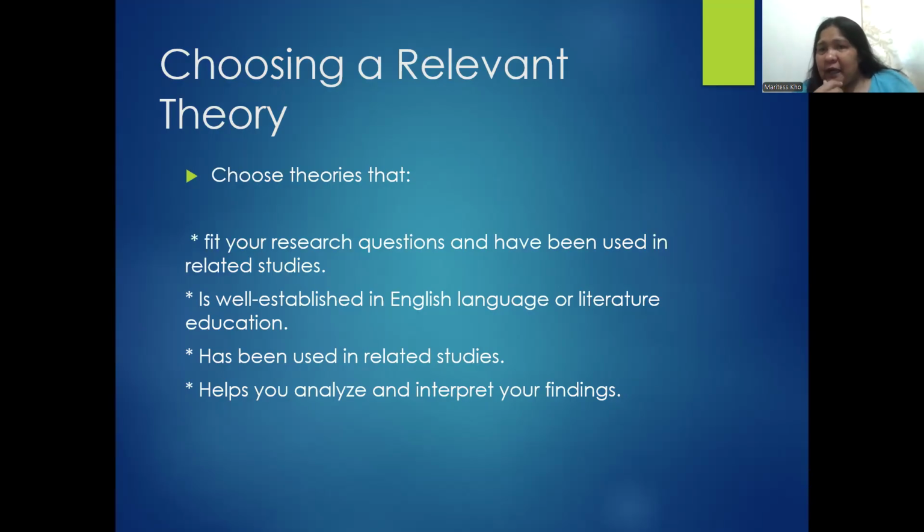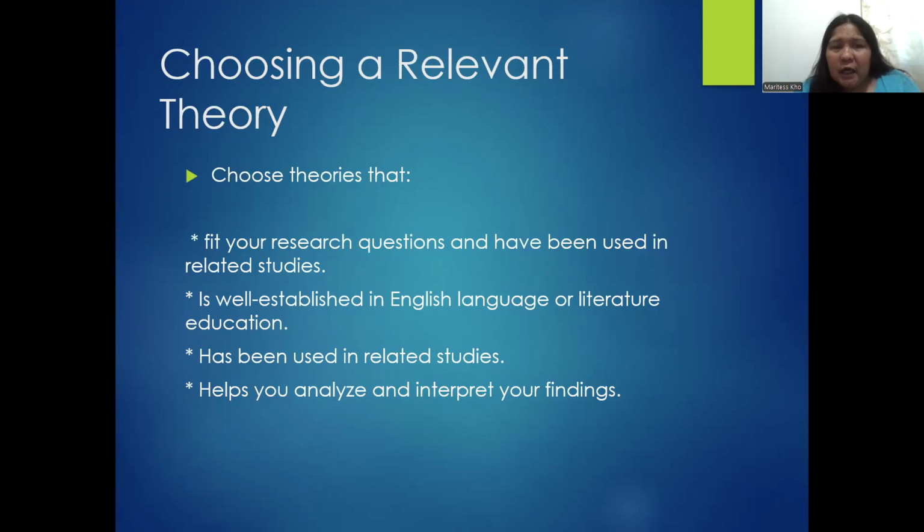For instance, if past studies on vocabulary learning through digital tools used dual coding theory or multimedia learning theory, citing those two theories supports your use of the same related frameworks.